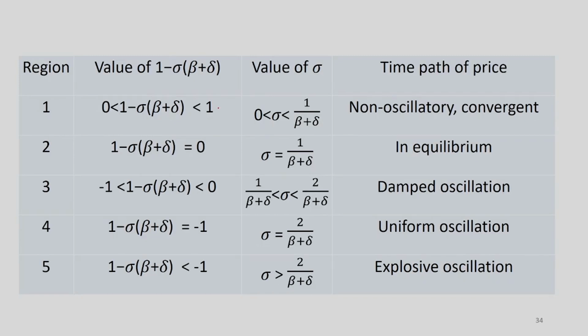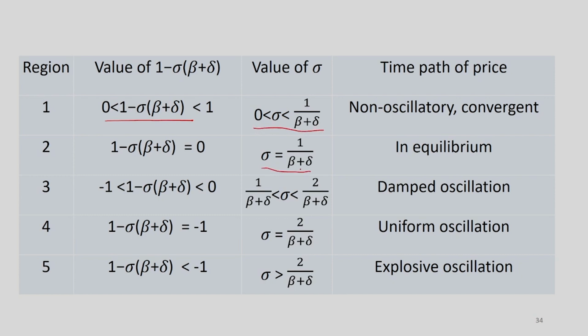So, these are the 5 cases that I am talking about: 1, 2, 3, 4, 5. This B can be between 1 and 0, it can be exactly equal to 0, it can lie between 0 and minus 1, it can be equal to minus 1 and it could be less than minus 1.